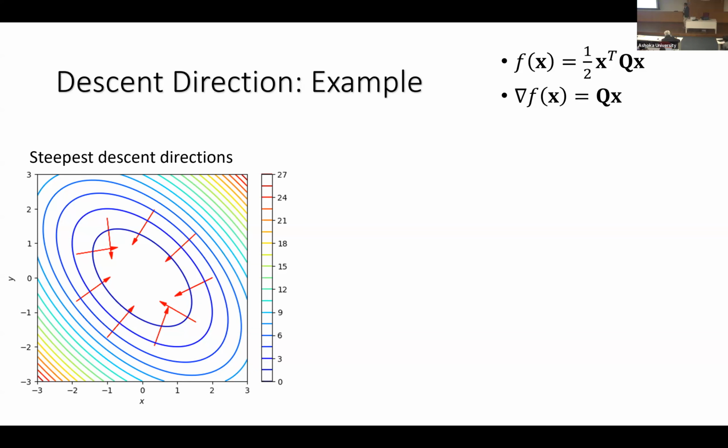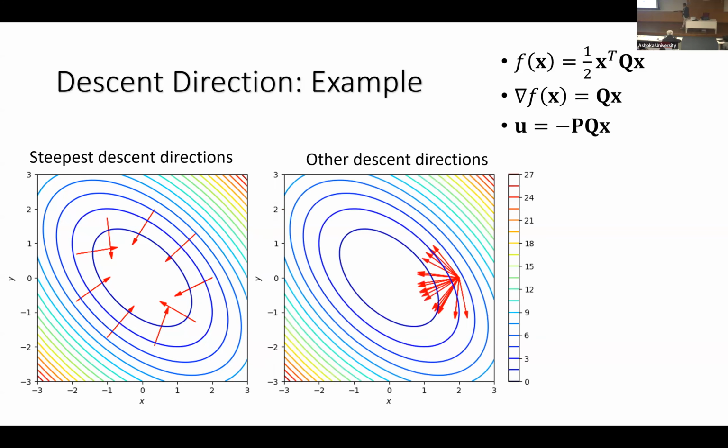Then other descent directions. If this is the fastest direction, then all these are other descent directions. I've just taken lots of different random P matrices and then drawn all those descent directions. Also very intuitive. You can see that it is actually decreasing.